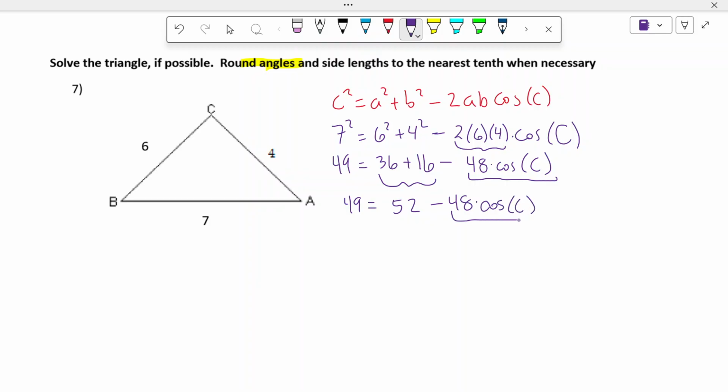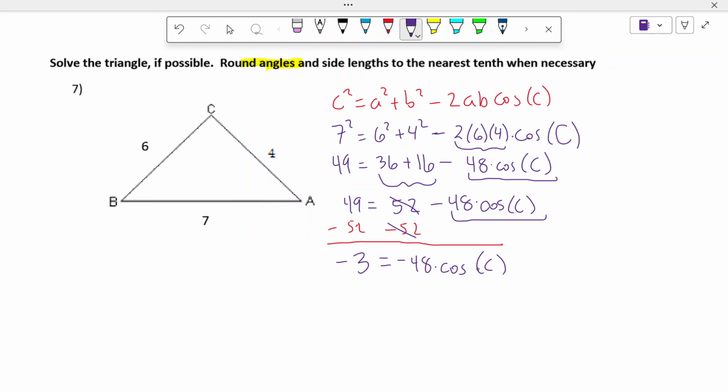What I can do is subtract 52 from both sides to get rid of that. Now if I rewrite this equation, I've got, what is that, negative 3? Yeah, it looks like it's negative 3. And then over here, I still have the negative 48 multiplied with the cosine of angle C.